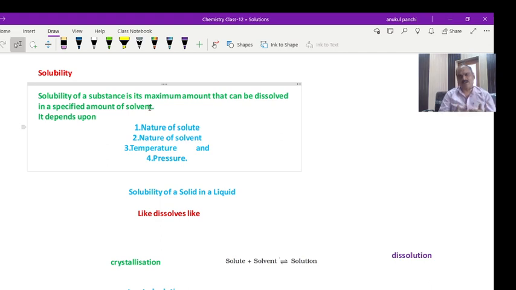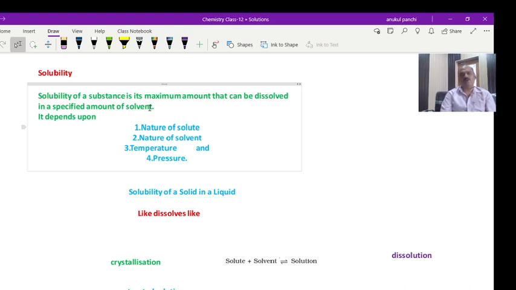For example, after dissolving 5 gram, I am stirring it, but it is not dissolving completely. That means the solubility of NaCl in 100 ml water is less than 5 gram. 5 gram is not going into it. So I will have to find out how much, for example, 4.5 gram is solubility.